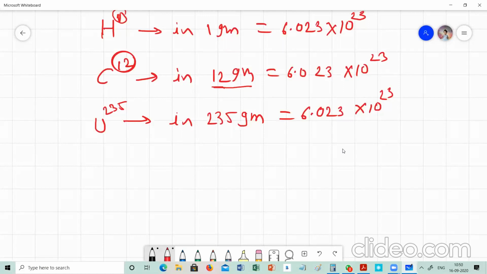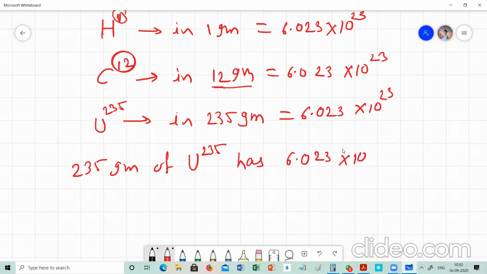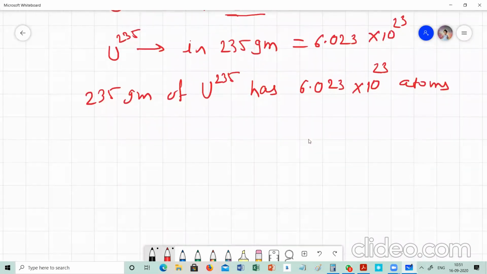So 235 gram of uranium-235 has 6.023 into 10 raised to 23 atoms. So the mass of one atom is equal to what?